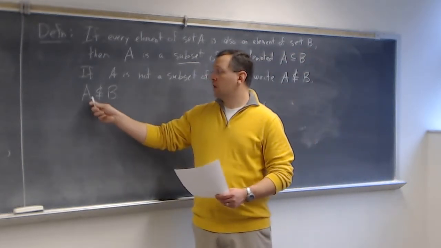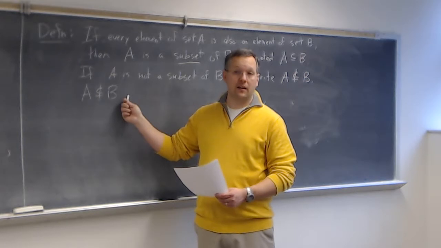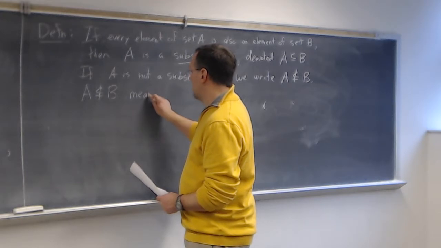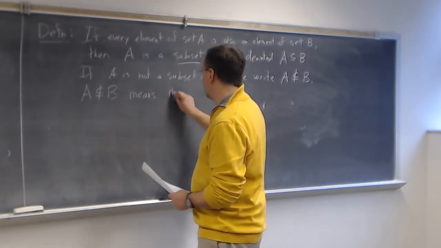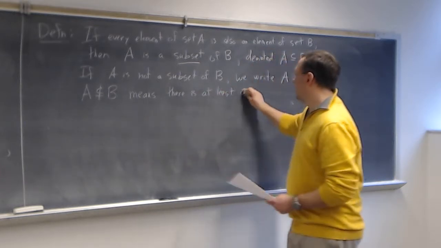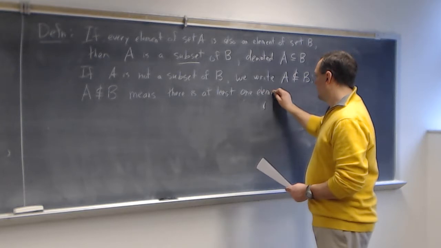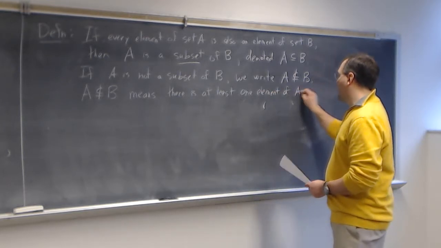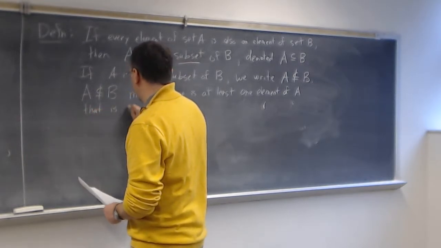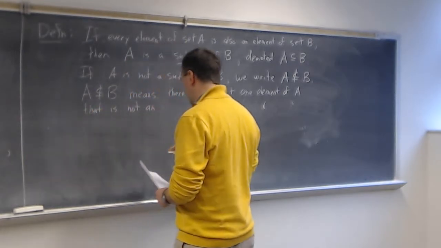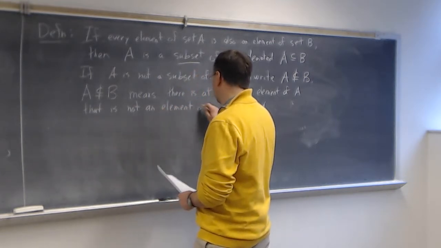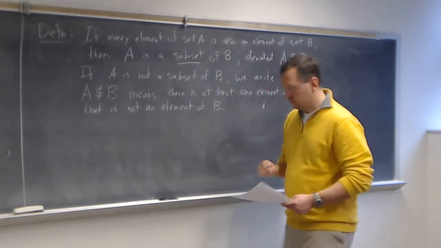It must be true that there's an element of A that's not in B. Okay? So A is not a subset of B means there is at least one element of A that is not in B. It is not an element of B. Okay.